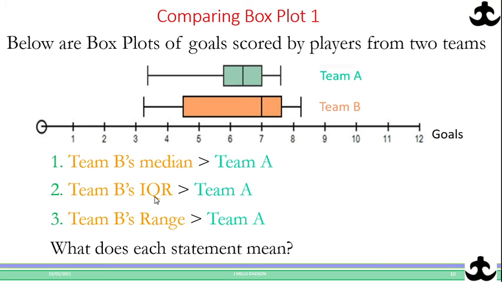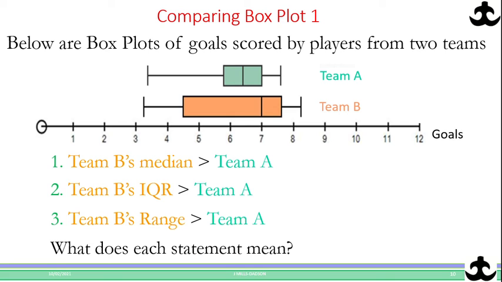When you talk about the interquartile range, it means that the middle 50% of the data is more varied. So there's more variability in the data of the middle 50%. In that case, it means that it makes the median not reliable for team B. So whenever interquartile range is too wide or too big, it makes the median not reliable.